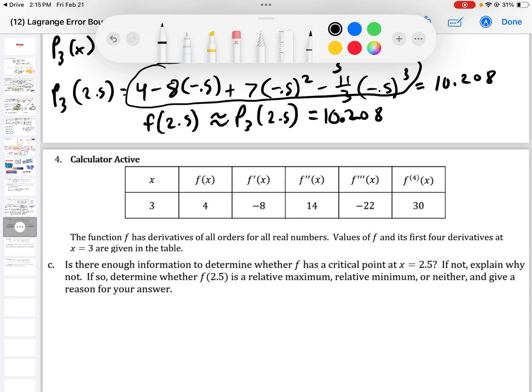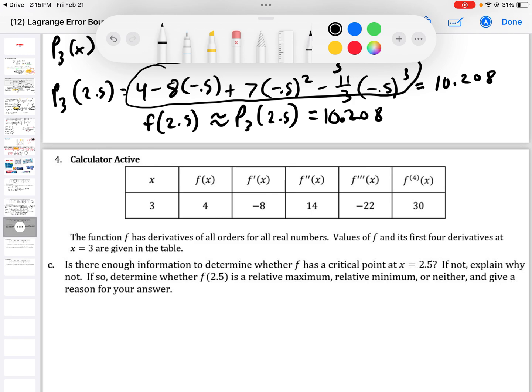All right. Is there enough information to determine whether f has a critical point at x equals 2.5? If not, explain why not. If so, determine whether f of 2.5 has a relative minimum, maximum, or neither, and give a reason. All right, so in order to have a critical point, the first derivative has to be 0.